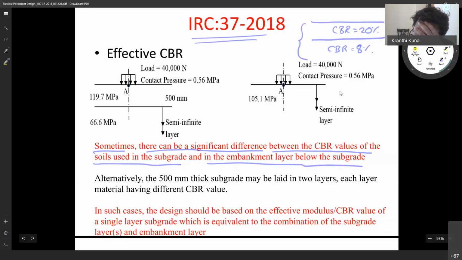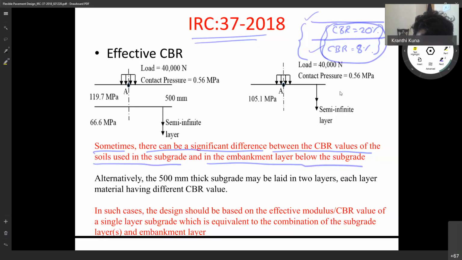So what we do is determine the effective CBR or effective resilient modulus of these two layers. How do we determine the effective modulus of these two layers? First we model this as two layers.